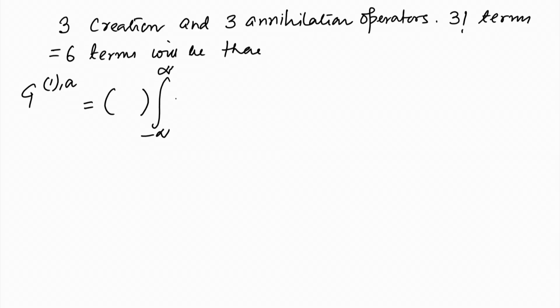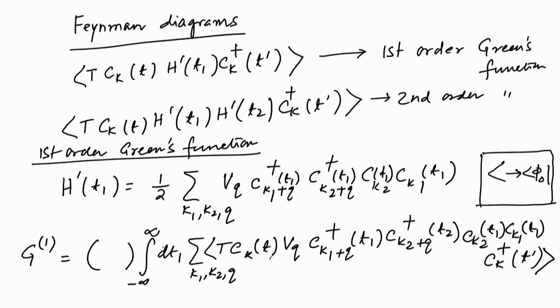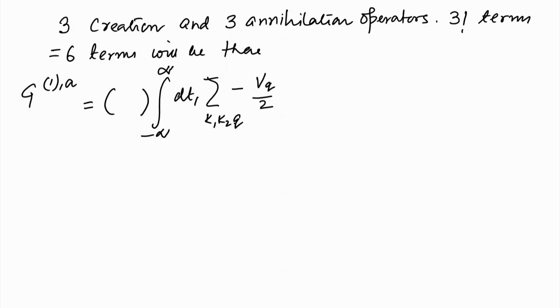It is minus infinity to plus infinity over dt1, and there is a sum over k1, k2 and q, and there is a minus Vq by 2. We have forgotten a factor 2 here, because that came with the definition of H prime. So, it is Vq by 2, and then there is a time ordered product of the non-interacting Green's functions.